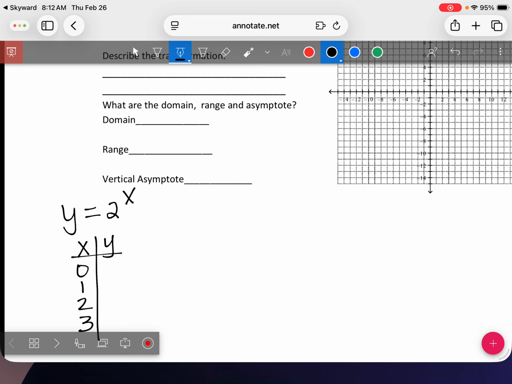Take 2 to the power of 0, 2 to the first, 2 to the second, 2 to the third.